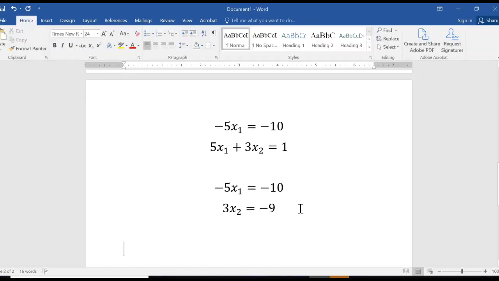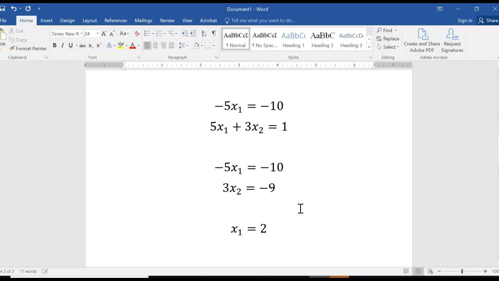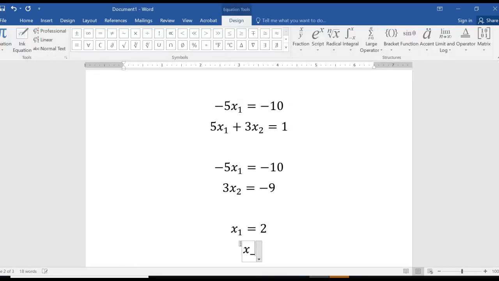All right, and from this point, it's pretty easy. Divide by your constants. You end up with x1 equals 2 and x2 equal to -3.